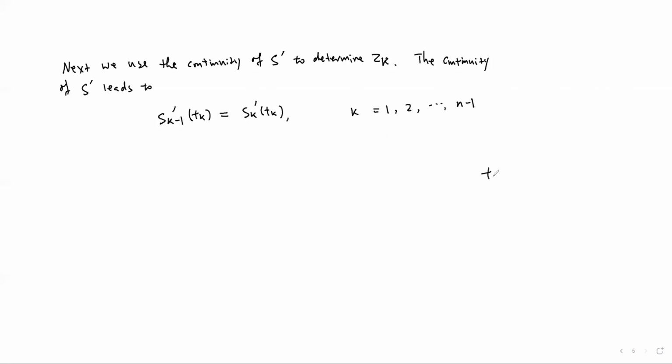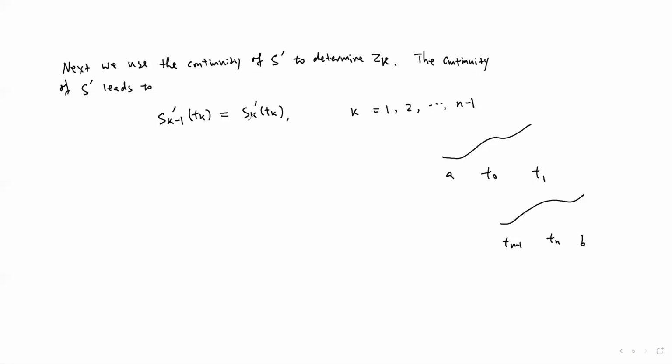When k is 0, at t_0, from a to t_1 it is a single polynomial. That polynomial's first derivative is of course continuous at t_0. Similarly, at t_n, from t_{n-1} to b it is a single polynomial, and its derivative is of course continuous at t_n. So what we are concerned with are the interior knots from 1 to n minus 1.